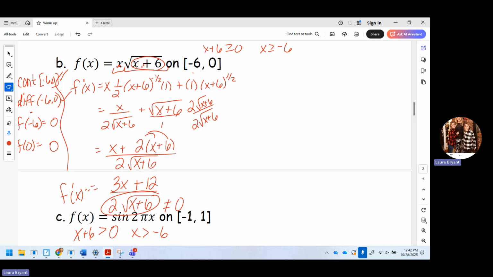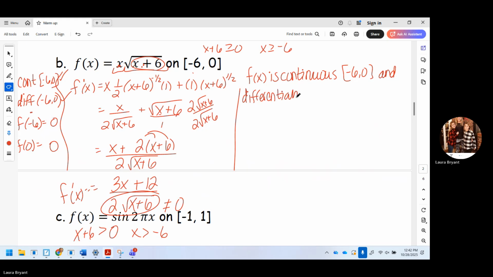Okay, which sentence do I write? Will I use mean value theorem or Rolle's? Rolle's, very good. Okay, so f of x is continuous on the interval from -6 to 0 and differentiable on the open interval -6 to 0, and f of -6 equals f of 0.